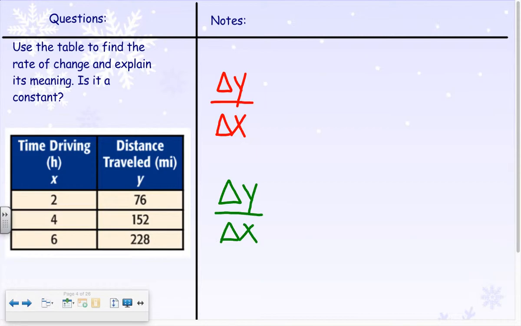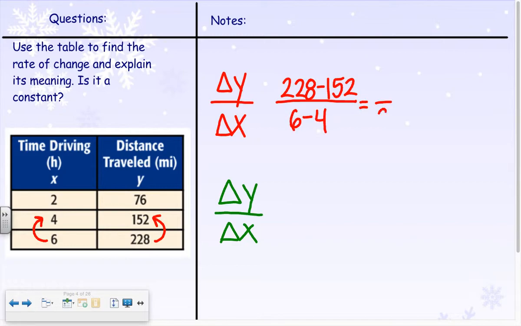I always like to start at the bottom of the table and work up. So 228 minus 152, over, and then in that same time period, 6 minus 4.